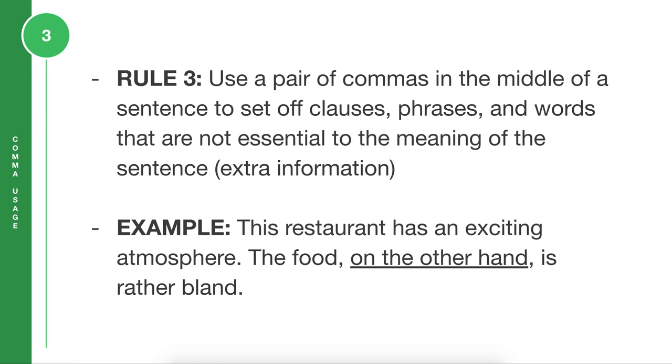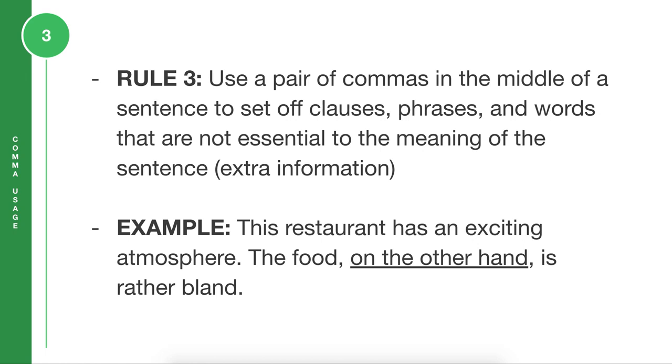We could take that chunk of the sentence out and the sentence would still make sense. We could still say the food is rather bland. That works on its own. What we've done here is we've just added extra information into the middle of it to help with a transition. However, it isn't necessary. And so when we're putting information into a sentence that isn't necessary, just like we did here, we are going to put a comma before and after that non-essential information.